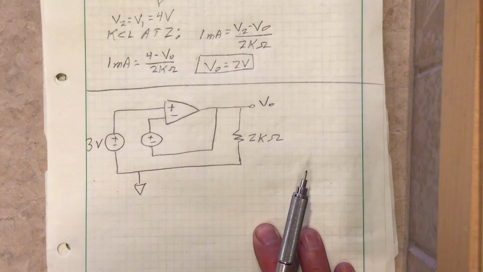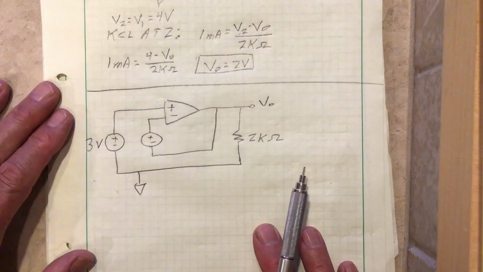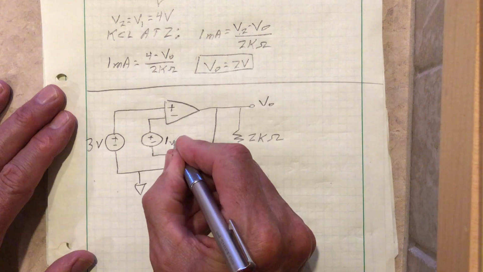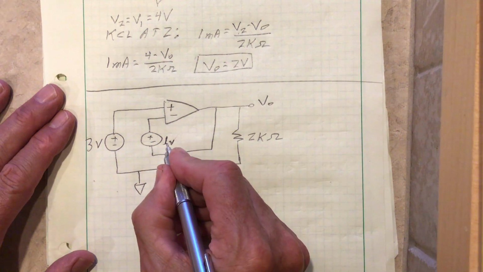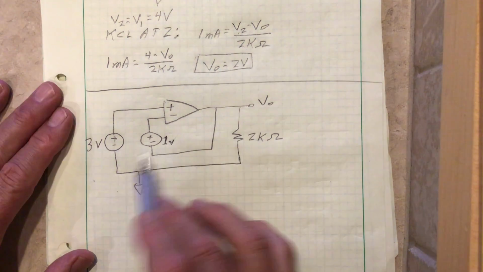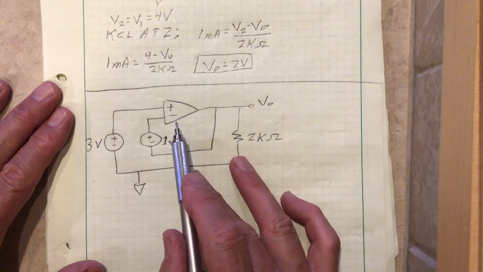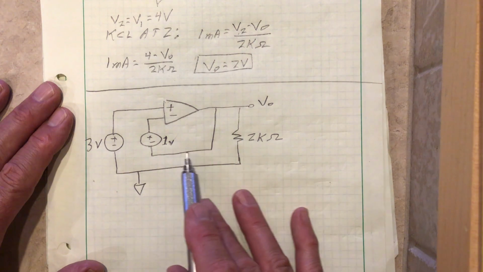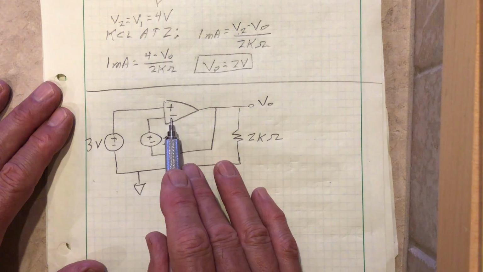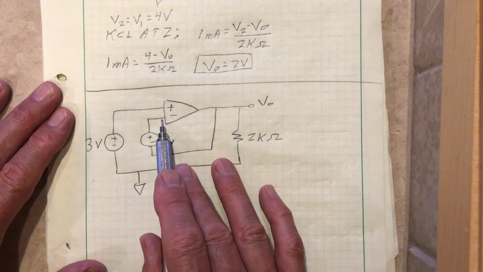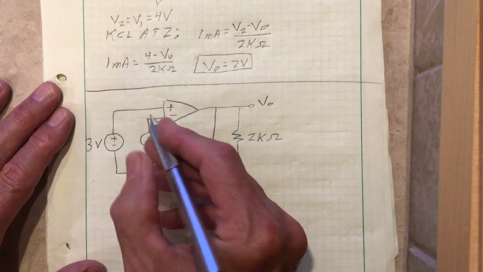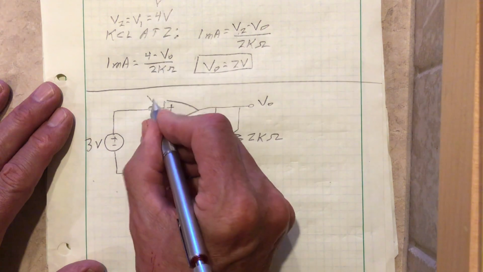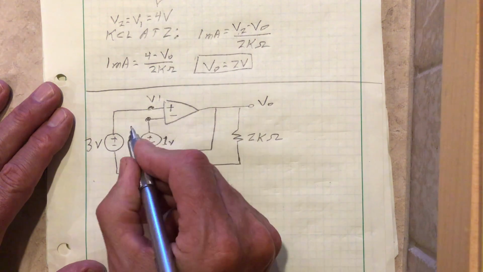Let's look at this second guy here. Whoops, I forgot to put something on there. This is a 1 volt supply here, all right? Once again, we have some negative feedback. There's a wire connecting the output of the op amp that's going back in the inverting input, so that's good. So our assumptions work. Whatever my voltage is here, I'll have the same voltage here.